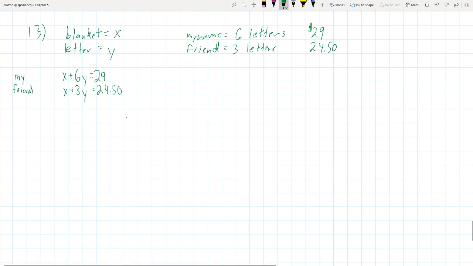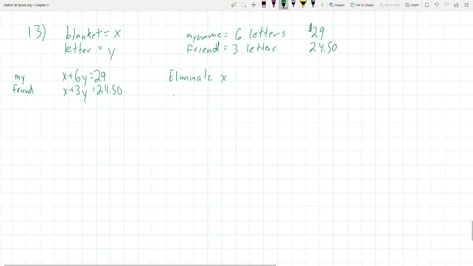Now, the question is, when we have a system like this, how do you want to solve it? You can use either way. You can use substitution or you could use elimination. I'm going to use elimination real quick. Looking at this, the easiest thing to eliminate is going to be an x.